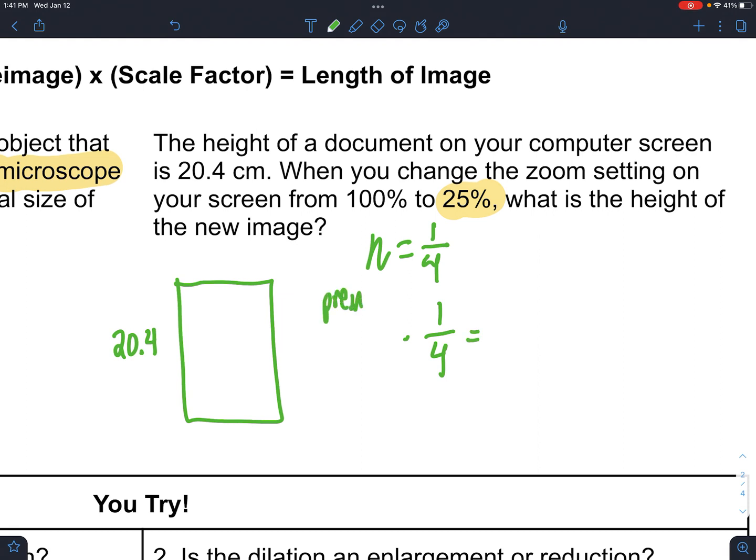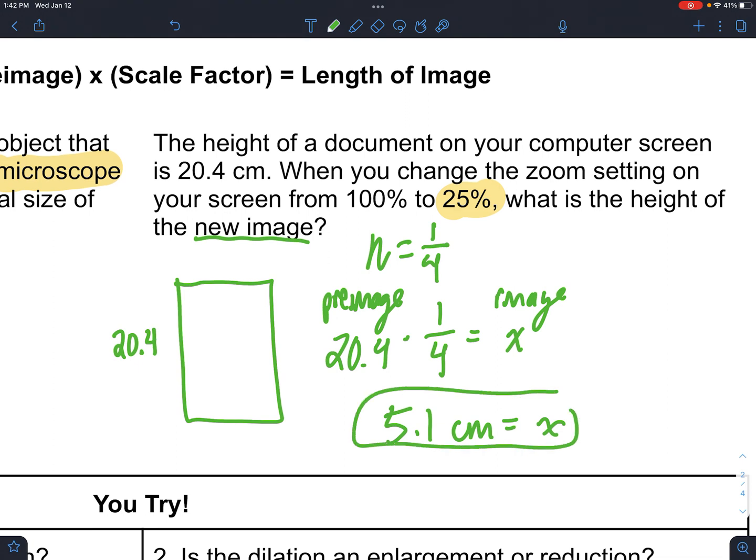So again, we have to take the pre-image, scale it by 1/4, and get the image. So the new image looks to be the unknown. What's the height of the new image? Well, if you don't know that, better call x. And the pre-image is what the height was before the change in the zoom setting. So this should be 20.4. And this turns out to be 5.1.